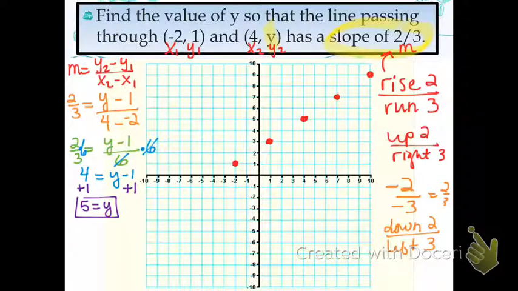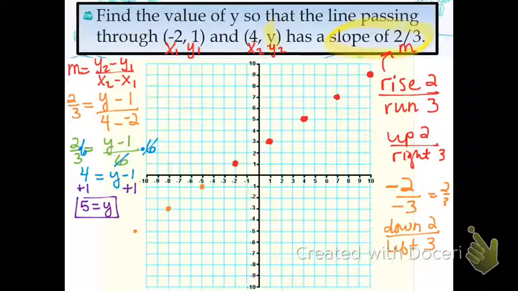So I can get a few more points on my graph going back to the -2, 1, and then going down 2, left 3, down 2, left 3. And then it looks like that last one would go off the graph paper there. You'll notice they're still along the same line, it's just that you're going in the other direction.